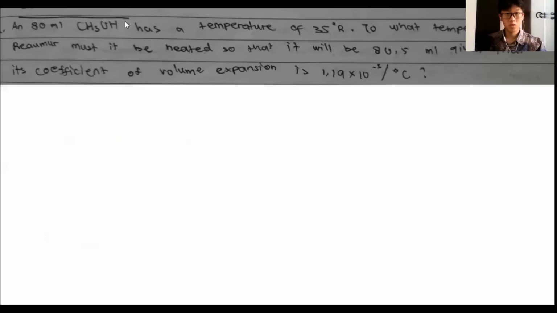So here, 80 milliliter of CH3OH. So this is volume expansion, given volume. Initial volume being 80 milliliter.